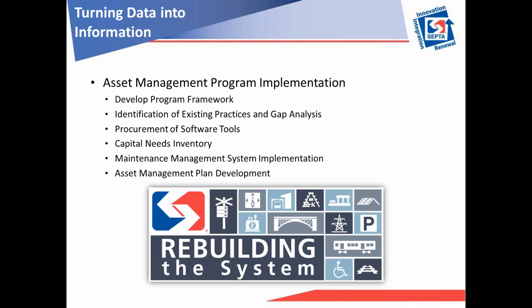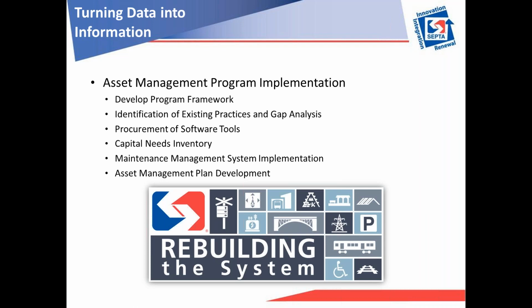To give you a little background of our asset management program, we started by initially developing the framework. What do we want to accomplish with this? It's not just a matter of compliance. How are we going to use data to better make decisions? We developed a framework and we identified and studied the existing practices. We conducted a gap analysis. And based on those needs that we identified, we procured some software tools.